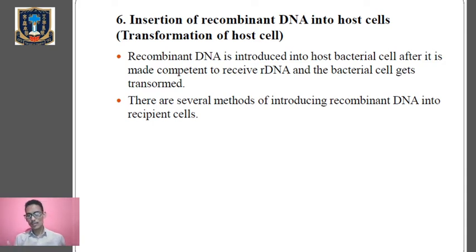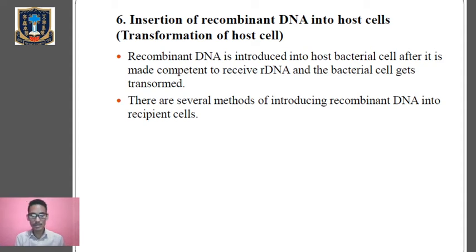Recombinant DNA is introduced into the host bacterial cells after it is made competent, because the host bacterial cells will not be able to take up the foreign DNA or the recombinant DNA easily. They have to be made competent so that they will be able to take up the recombinant DNA.